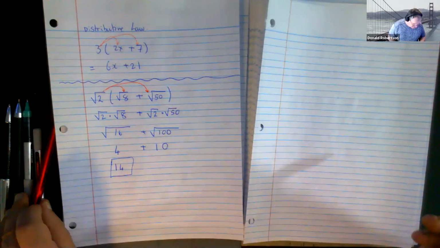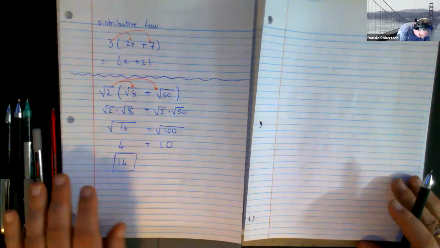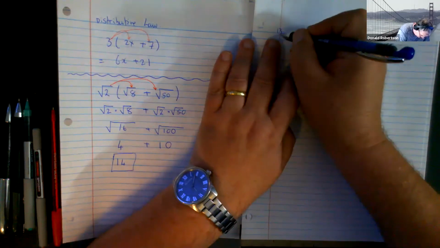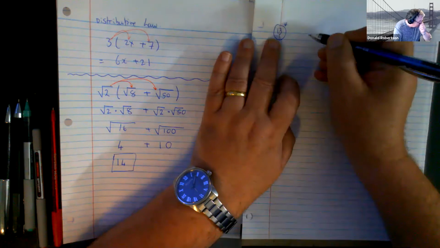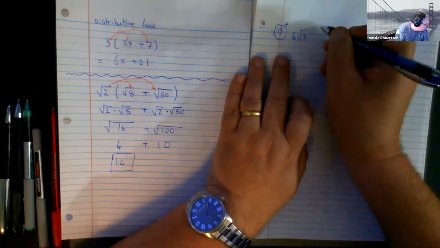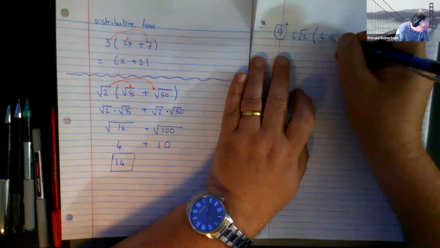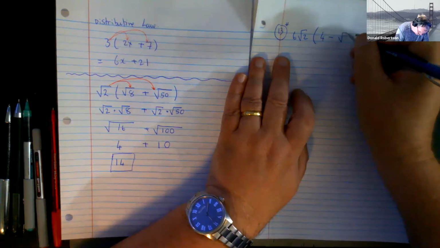Let's look at one that's not going to end up anywhere near as nice, but it's a start. This one is like question 13. 6 square root of 2 and 4 take away square root of 2.